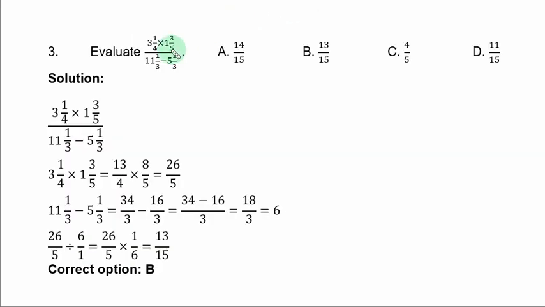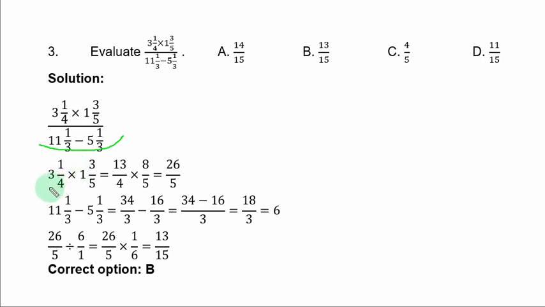Question 3, evaluate 3 whole number 1 over 4 times 1 whole number 3 over 5, all over 11 whole number 1 over 3 minus 5 whole number 1 over 3. Solution. This is the given problem. Now let's take it part by part.